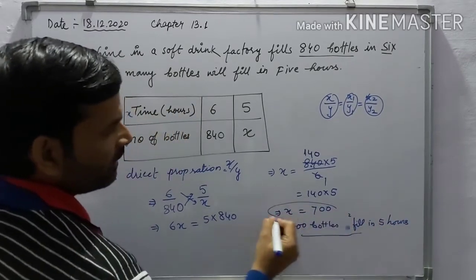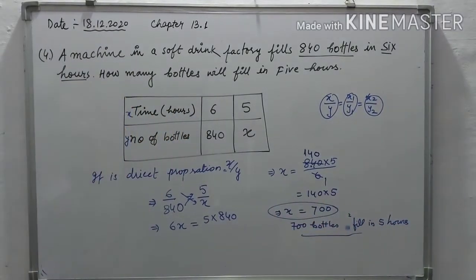So this is the answer: 700 bottles will be filled in 5 hours.